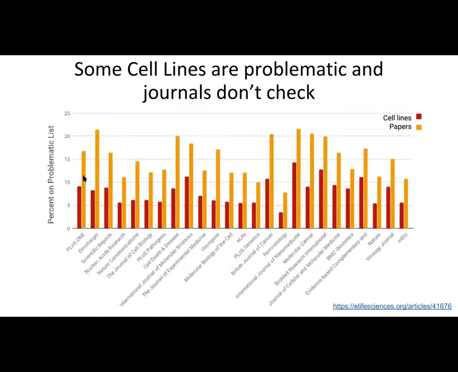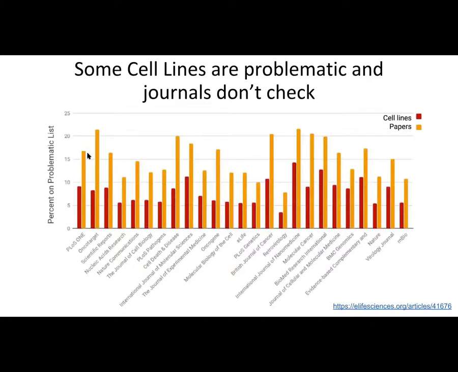But what the second bar shows is the percentage of papers, as opposed to the percentage of cell lines themselves. The reason the percentage of papers is higher is because most authors will use multiple cell lines per paper, and maybe one of those cell lines is on the problematic list. Then the whole paper may need to be looked at again in terms of the conclusions made by that paper.